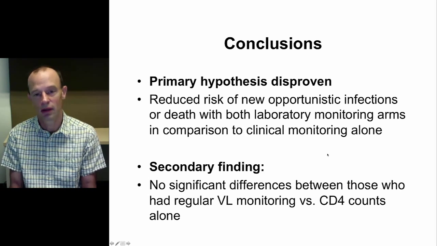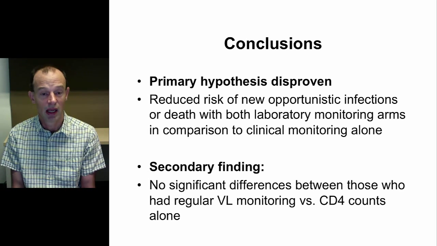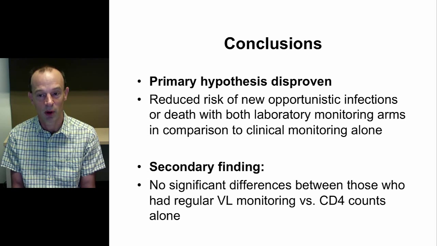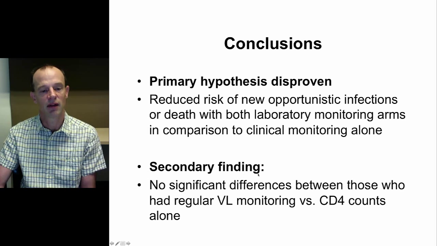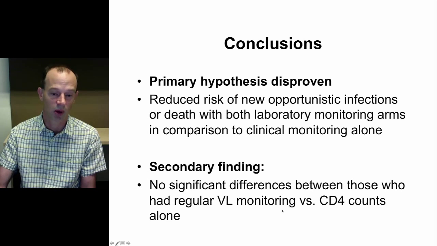So the conclusions from this study: our primary hypothesis was disproven. It did look like there was a reduced risk of new opportunistic infections or death with both the laboratory monitoring arms in comparison to the clinical monitoring arm alone. And we did have this secondary finding that we didn't find any difference between those who had regular viral load monitoring versus those who had CD4 cell counts alone.